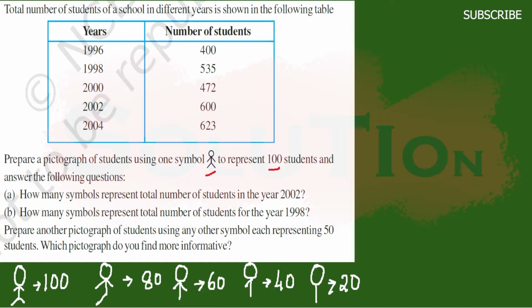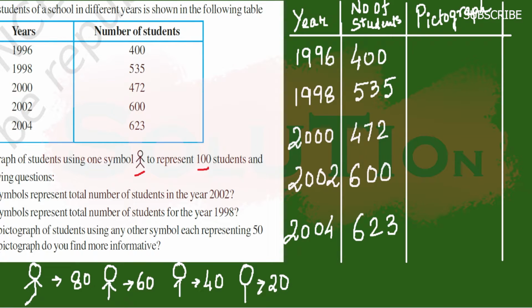So with the help of this data, we'll try to make a table and represent it in a pictograph. So let us draw the table. So this is our table. Year we have written, 5 years I have taken, and number of students also I have written.